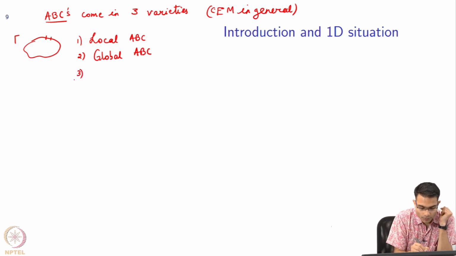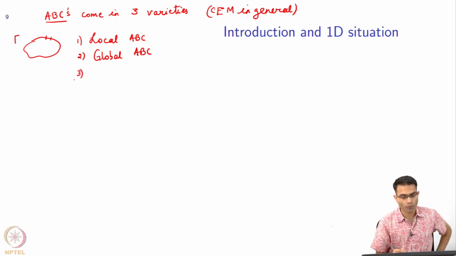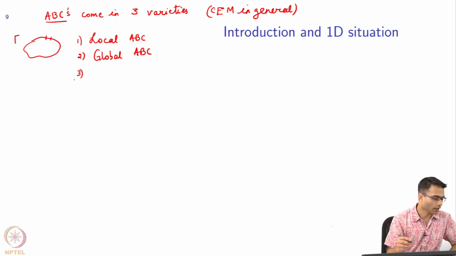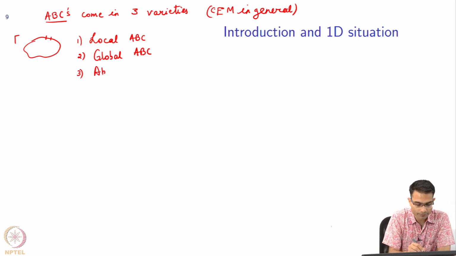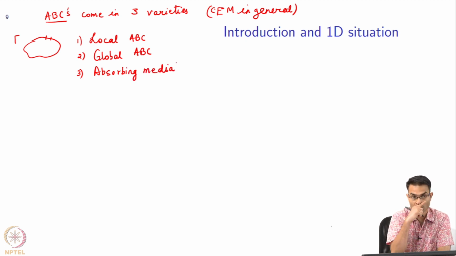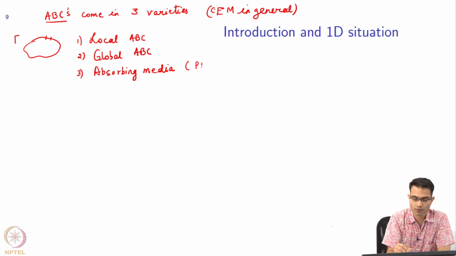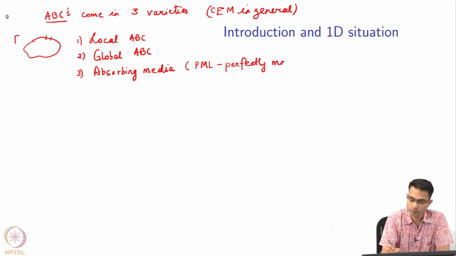And the third, which is actually very popular in commercial software and all, these are called absorbing media. Okay. So, the most popular of this is what is called PML, perfectly matched layers, which we will cover.